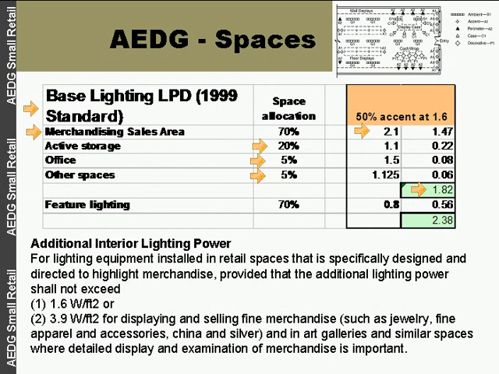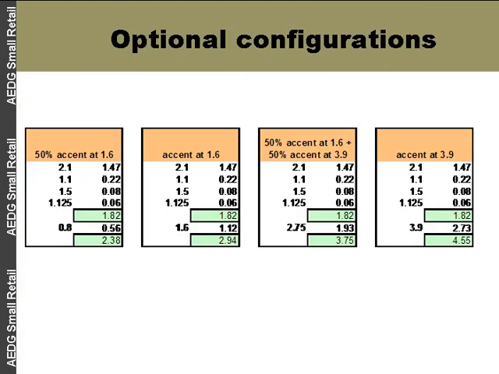And then, as I briefly mentioned, there's an additional lighting power allowance in the 99 standard, and it's carried through into the 2007 standard. You get 1.6 watts per square foot for general accent lighting, or 3.9 watts per square foot. So we ran a number of scenarios, and you can see in the orangey, salmon, pink, whatever color it's showing up on your computer, that we looked at 50% of the accent light at 1.6 watts per square foot.